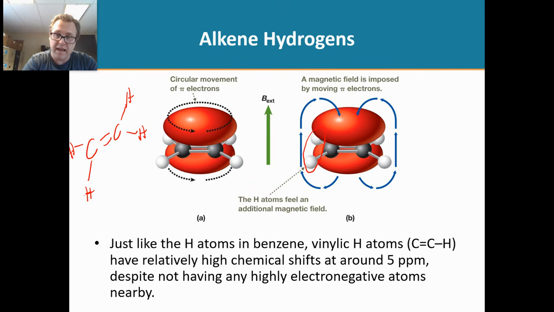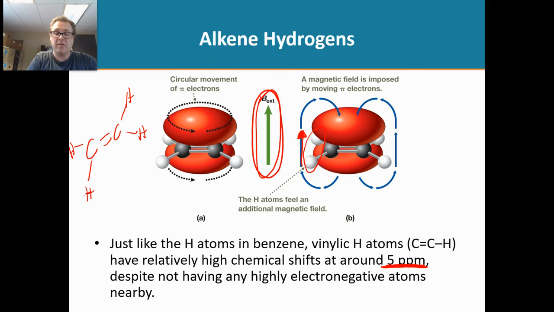These hydrogens on the outside are in line with the magnetic fields pointing in the up direction, which is in the same orientation as the external magnetic field, which puts these alkene hydrogens around 5 ppm.